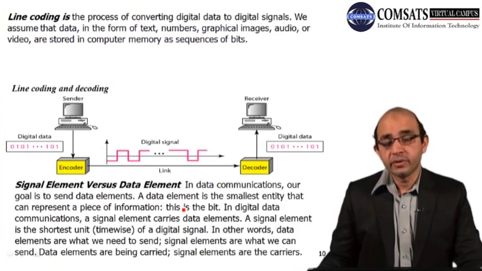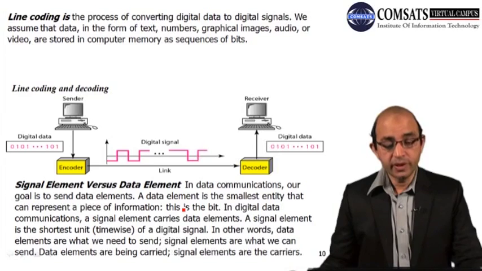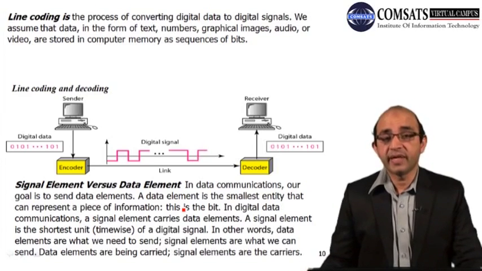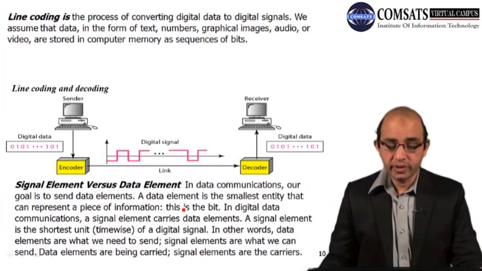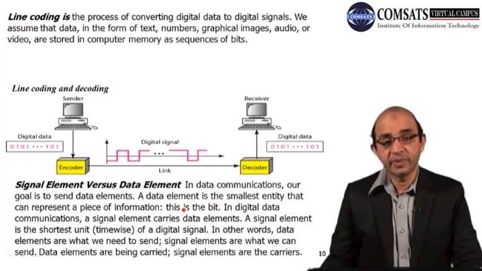So let's talk about line encoding. It's a process of converting digital data to digital signals, and we assume that the data in the form of text, numbers, graphical images, audio or video are stored in computer memory, right?